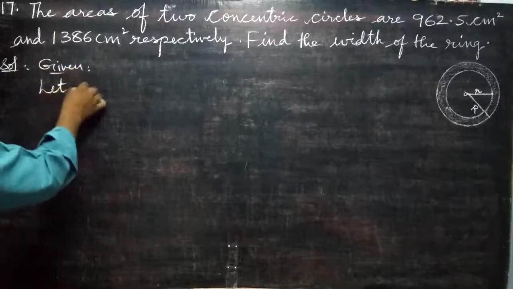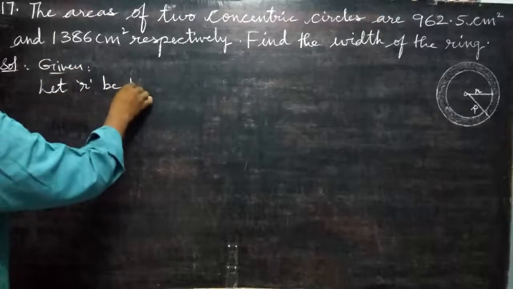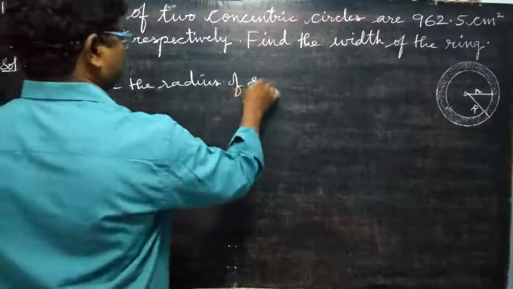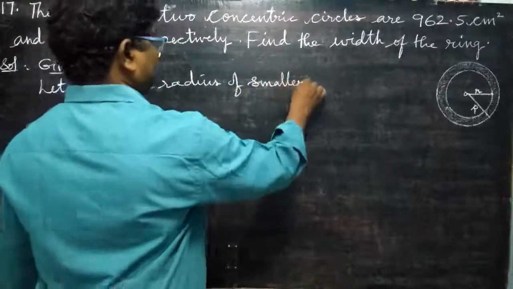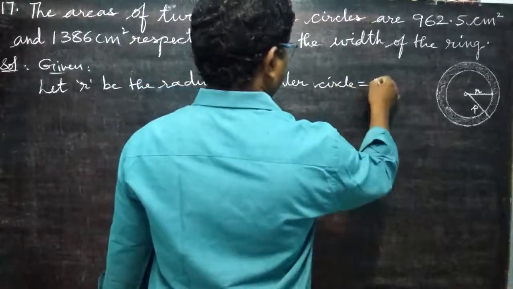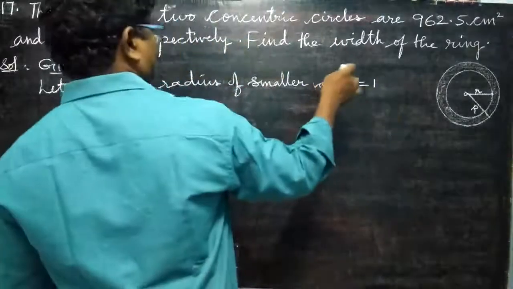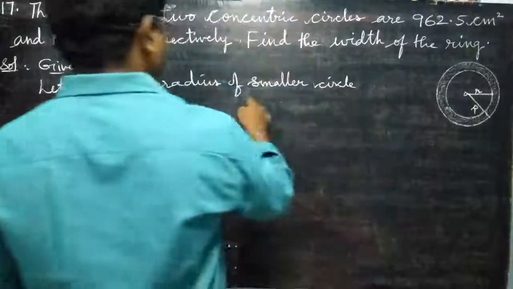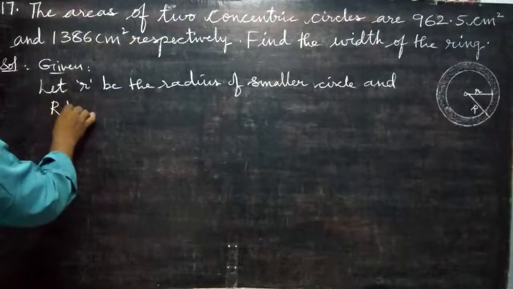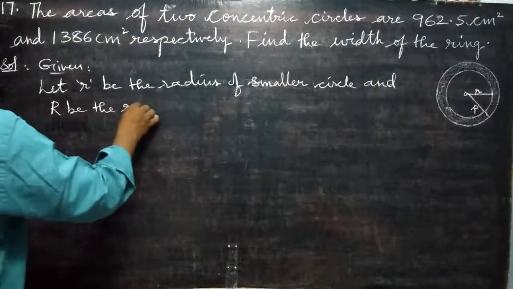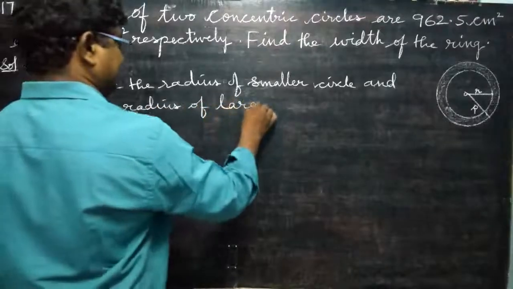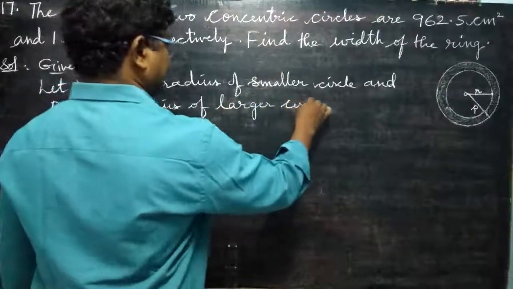Let small r be the radius of the smaller circle, and capital R be the radius of the larger circle.